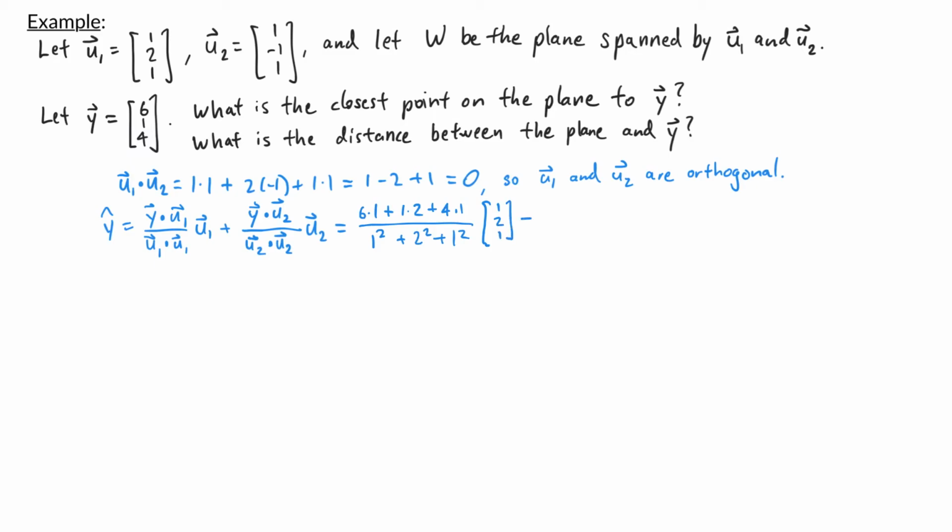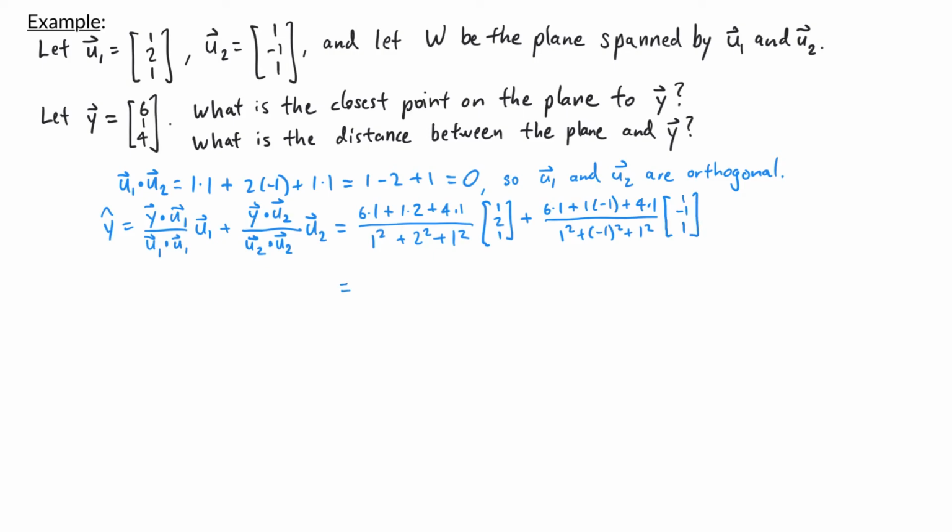I want to add this to y dot u2, which is 6 times 1 plus 1 times negative 1 plus 4 times 1, divided by u2 dot u2, which is 1 squared plus negative 1 squared plus 1 squared, times u2, which is the vector 1, negative 1, 1.